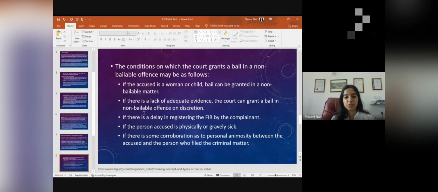Now, if the accused is a woman or a child, bail can be granted in cases of a non-bailable offense. If there is a lack of adequate evidence, the court can grant bail in a non-bailable offense at its discretion.